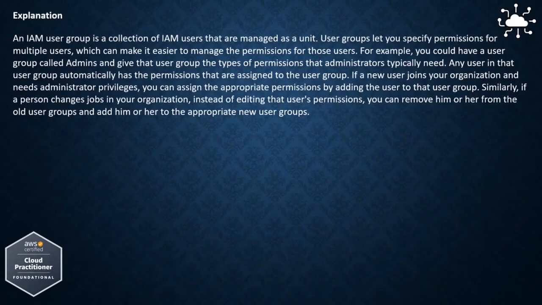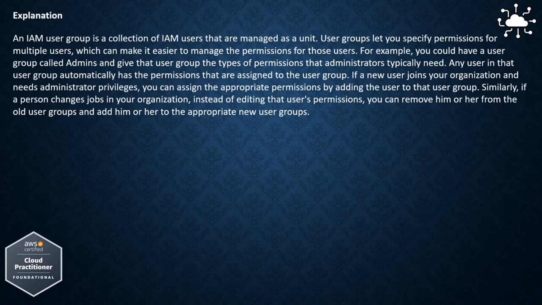Explanation. An IAM user group is a collection of IAM users that are managed as a unit. User groups let you specify permissions for multiple users, which can make it easier to manage the permissions for those users. For example, you could have a user group called admins and give that user group the types of permissions that administrators typically need. Any user in that user group automatically has the permissions that are assigned to the user group.